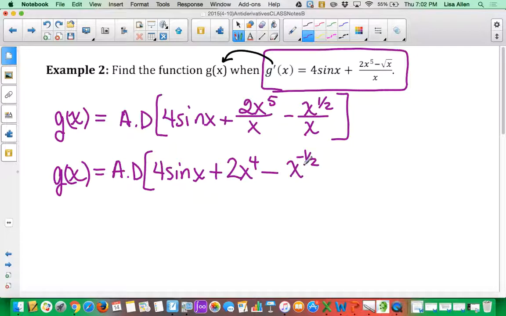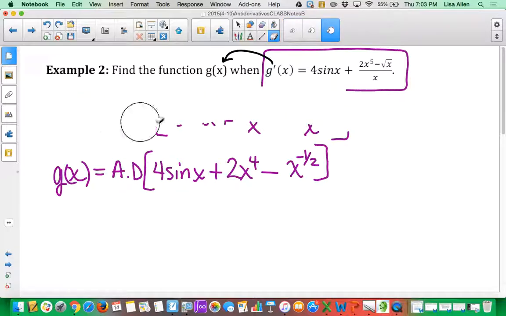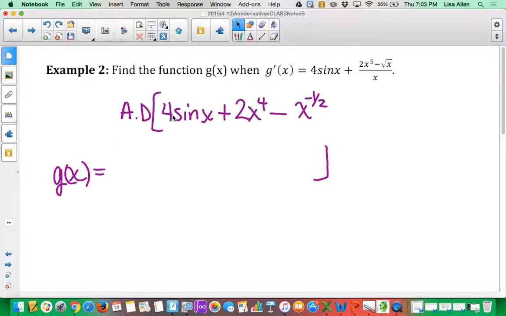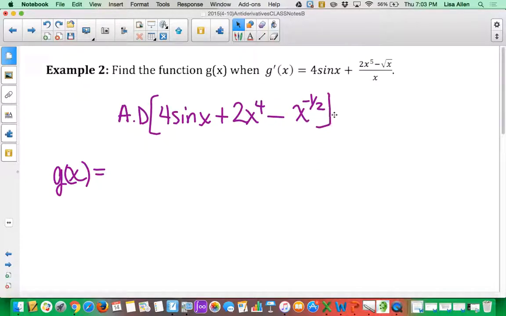Remember your exponent rules. Okay, so I'm going to take the antiderivative of those expressions. I'm going to move things around, erase a little bit here and move things up. And so that's what we're looking for, the antiderivative of that expression.